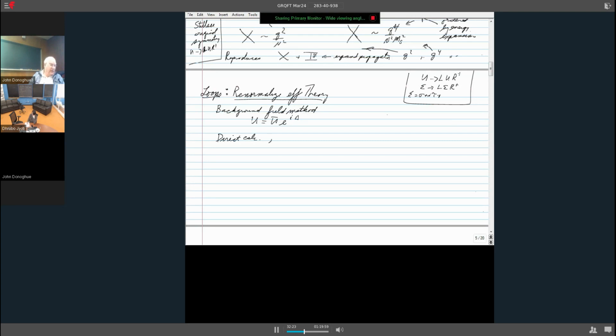Before, we did the background field method, where we expanded around some background field with some fluctuation, and we integrated over the fluctuation, and we did this two ways.